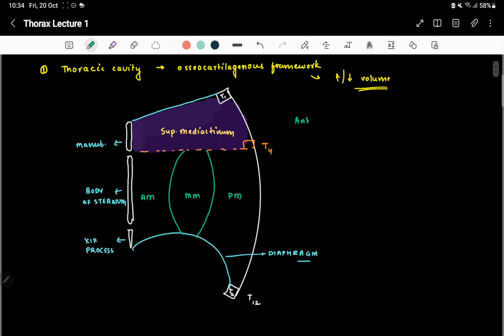So if you want to write the boundaries, the anterior boundary is formed by obviously the sternum and all.